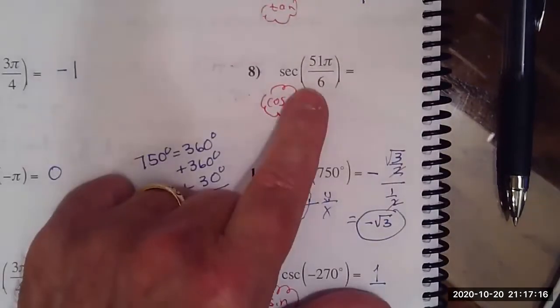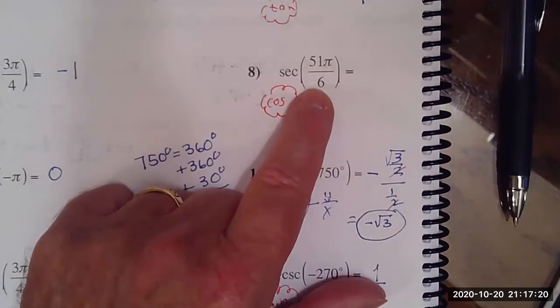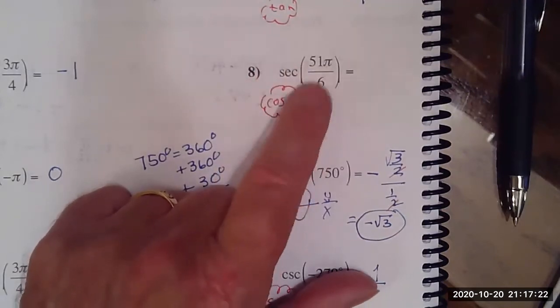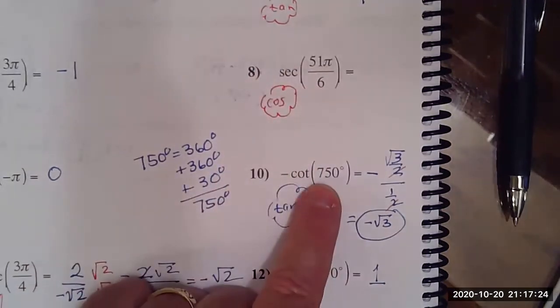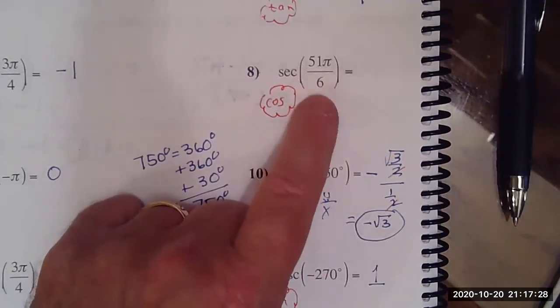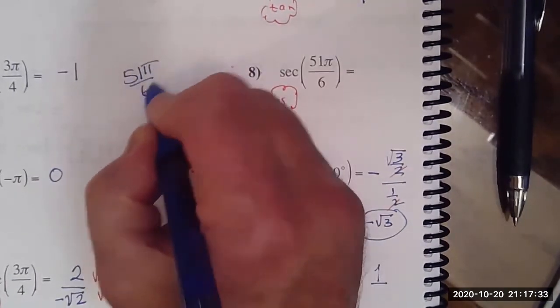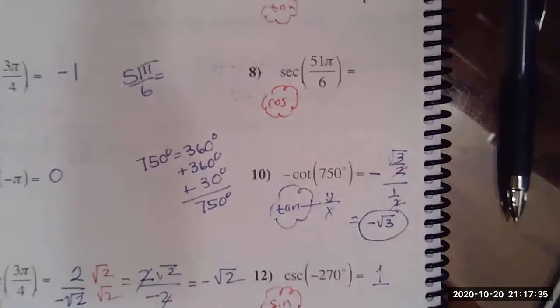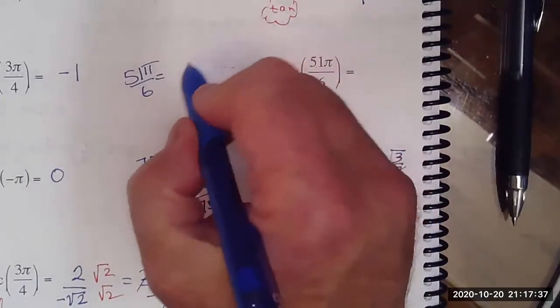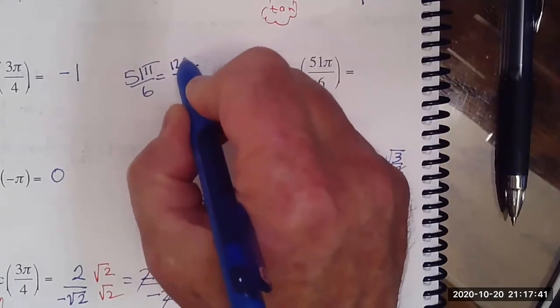And then finally, this last one. Okay, so revolutions. This is 51 pi over 6. Just like with 360 before, it's a little easier with degrees, but I'm thinking 2 pi per revolution. To make a 2 pi with sixths, I need 12 pi over 6.